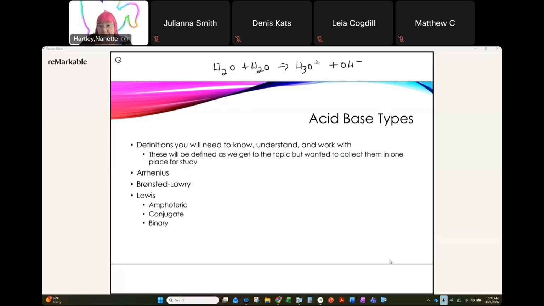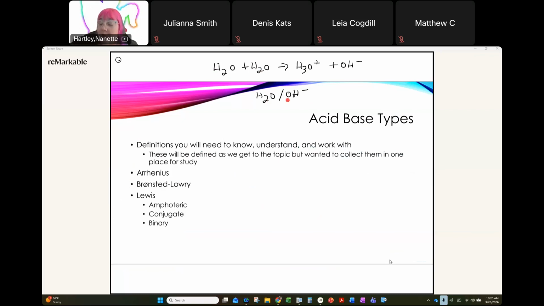When we talk about conjugates, we're always talking about an acid and its conjugate base, or a base and its conjugate acid. And the only difference between the two of them is one proton. Examples: H2O and OH minus. This would be my acid, the H2O.